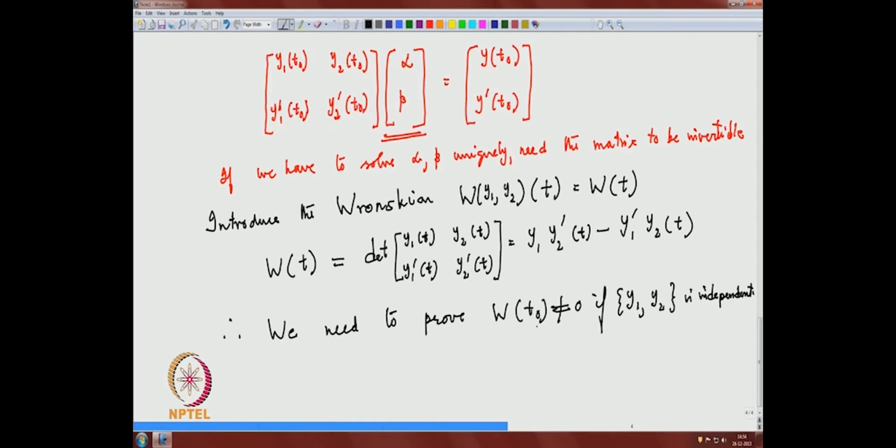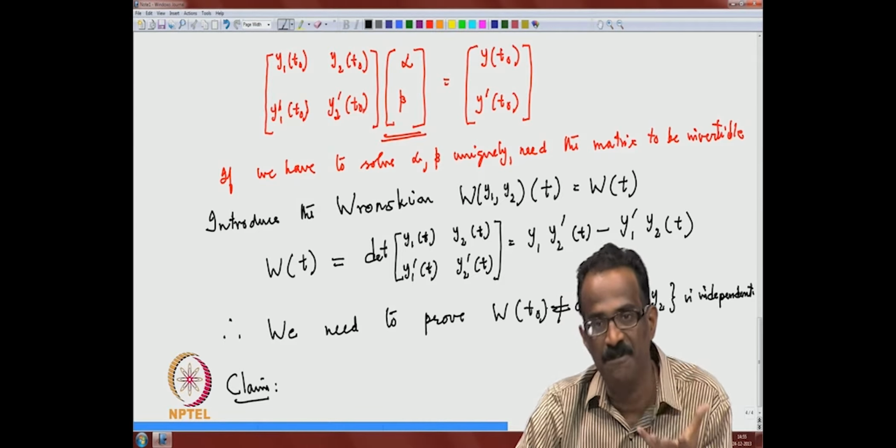The interesting fact, which we are going to claim and prove soon, is that if y1 and y2 are independent, we not only prove that W at t naught is not equal to 0, W(t) itself is not equal to 0 for every t.